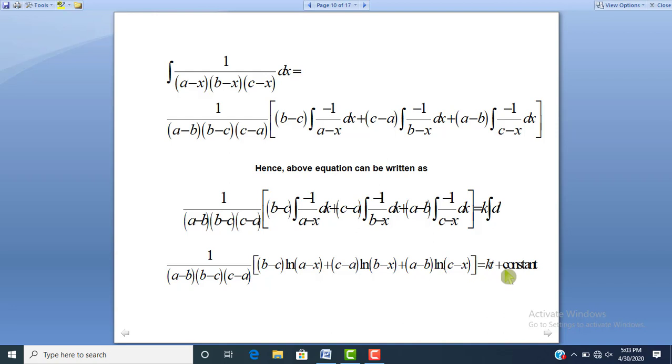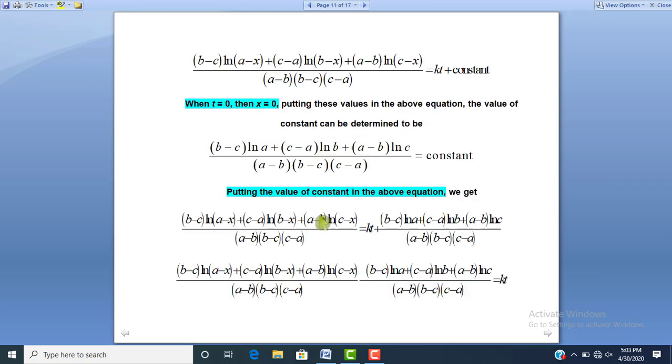Constant means it is the integration constant. It can be written with any other symbol, but mostly in this chapter we will take capital C or small c. Mostly constants are taken with capital letters. Here I am simply writing constant, and this is the integration constant.